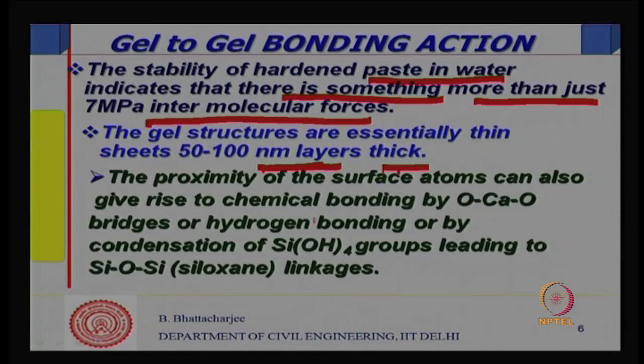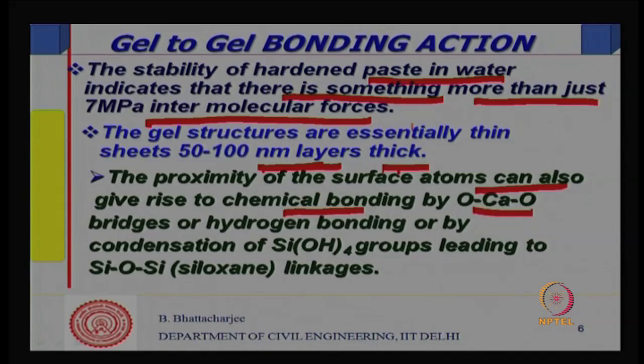Now, proximity of the surface atoms can also give rise to chemical bonding of calcium to oxygen. So, the surface atoms can form bonds between gel layers, because that is the explanation that van der Waals forces cannot be the only thing, since it is stable in water, which means there is something more.